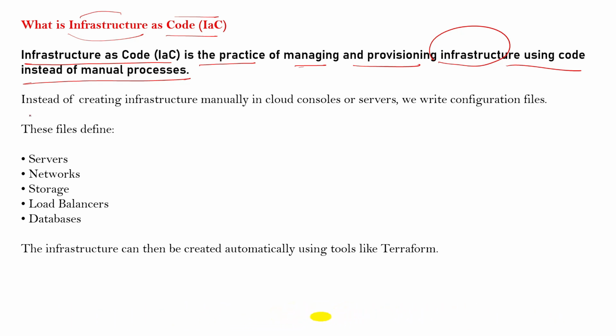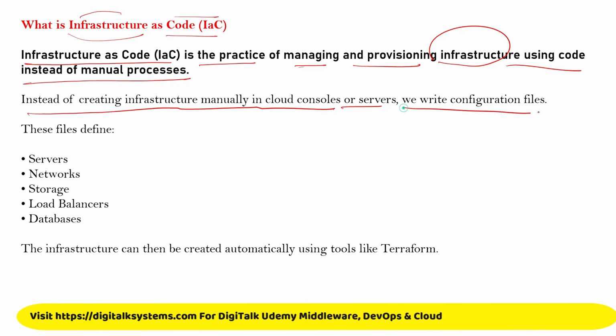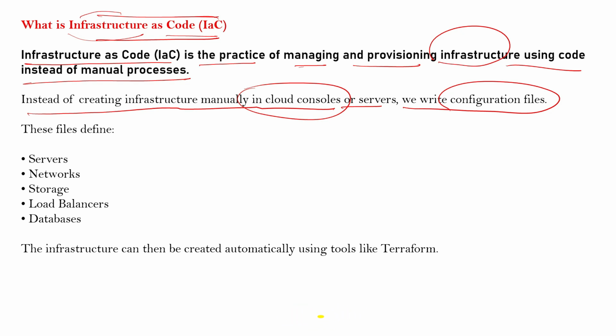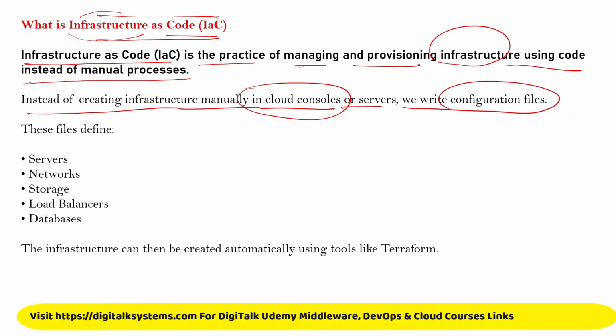So instead of creating infrastructure manually in the cloud console or on servers, we write configuration files. What we do exactly with the help of infrastructure as code is a kind of automation, where the resources that we are going to create, suppose in the AWS console or any cloud service provider's console, can be configured in an automated way with the help of scripts, which is also referred to as code.